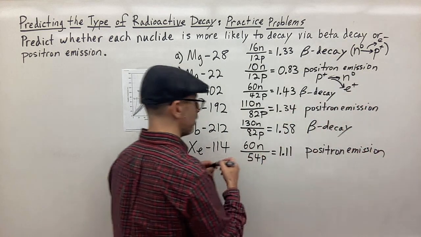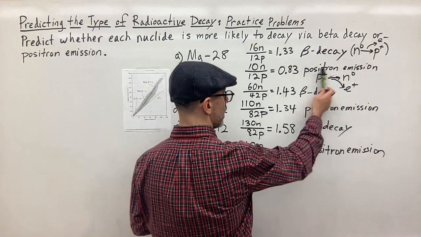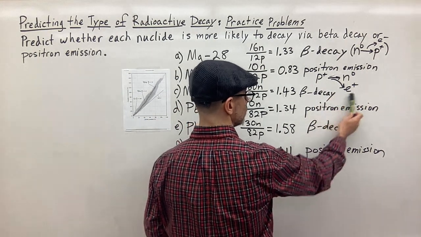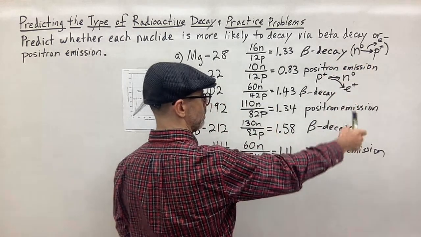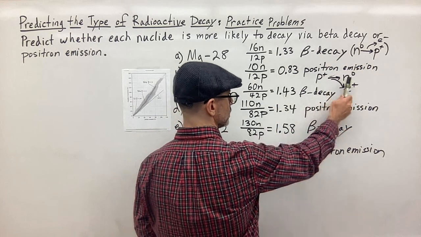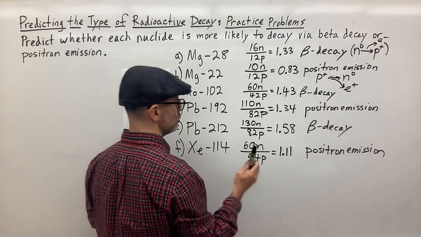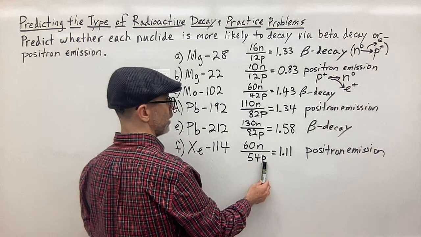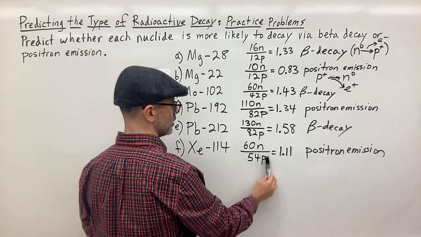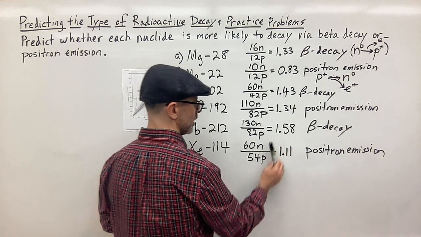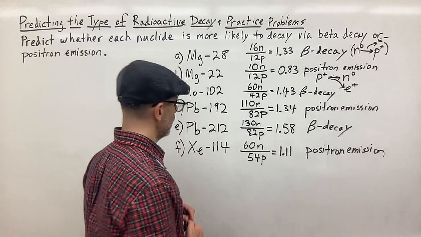Remember, positron emission is where a proton becomes a neutron and it releases a positron. So in the process of the proton becoming a neutron, the number of protons will decrease, the number of neutrons will increase, thus increasing this ratio.